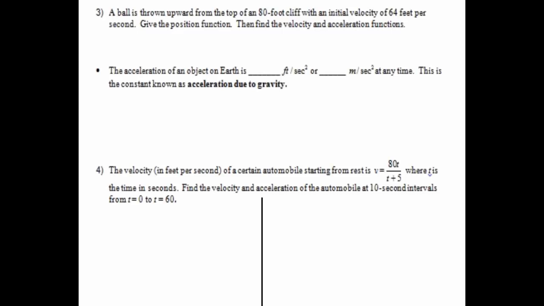We've talked about the general formula before, that the position function is equal to negative 1/2 g t squared plus v sub naught t plus h sub naught. v sub naught is your initial velocity, h sub naught is your initial height, and g is the acceleration of an object on Earth due to gravity.